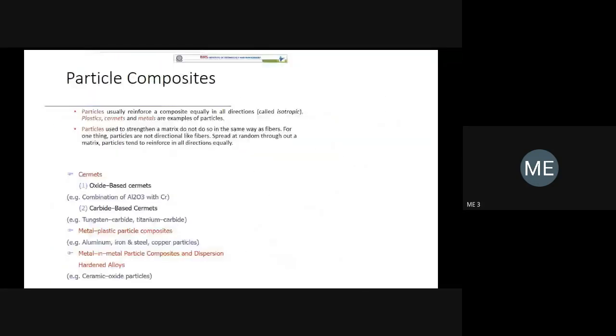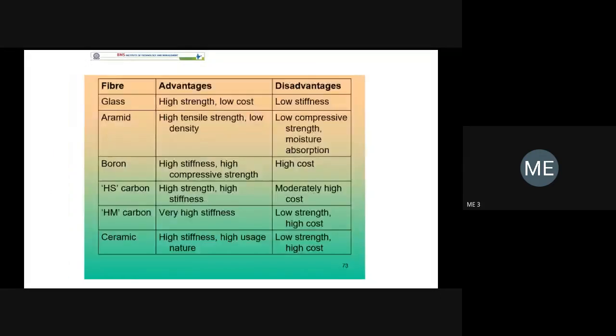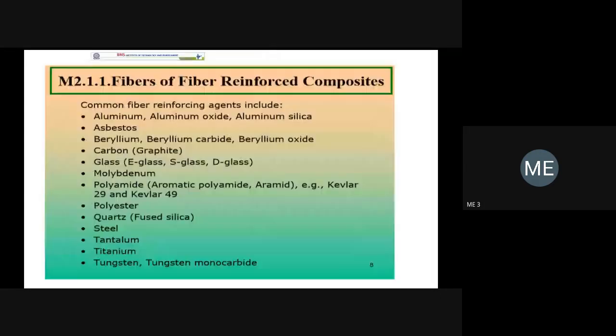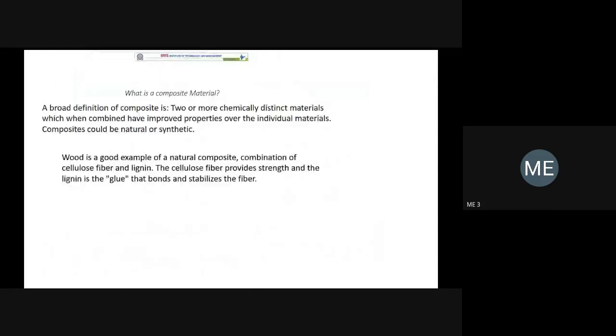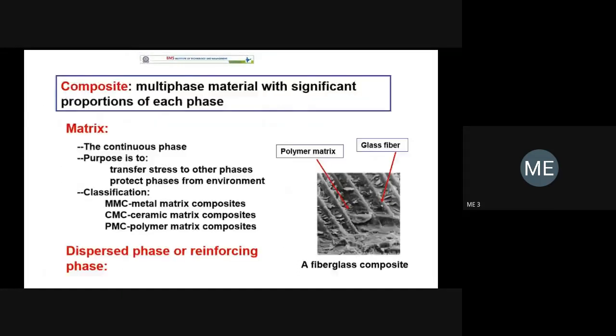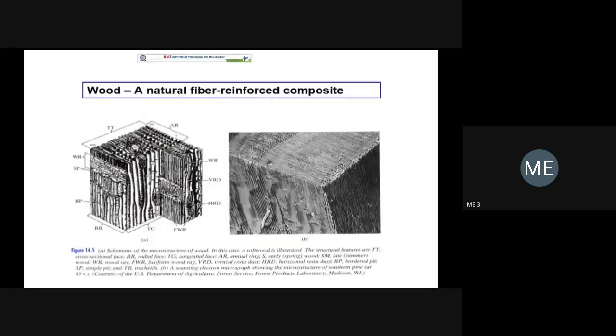The best example for composite material you can imagine is the RCC, reinforced cement concrete. You are familiar with RCC. There are two components or constituents: one is steel rod and the other is cement concrete.